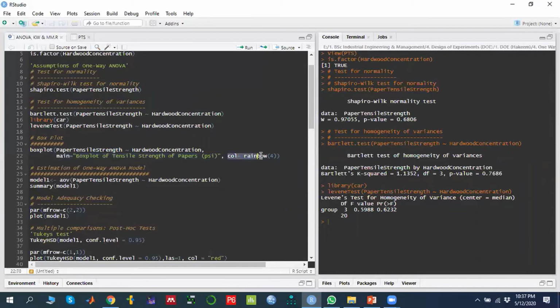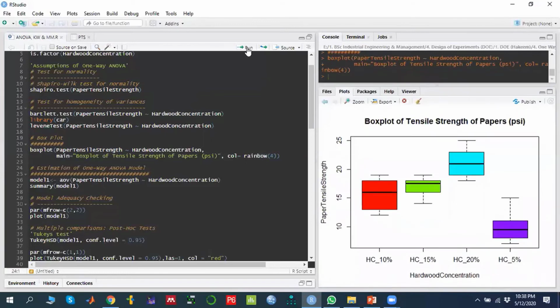And then the col = rainbow function will give us different colors in the box plot. If you don't write this, it will give us black and white. But if you want a box plot in color, you need to use col. So I'm using rainbow. There are different functions, but right now I'm calling rainbow.